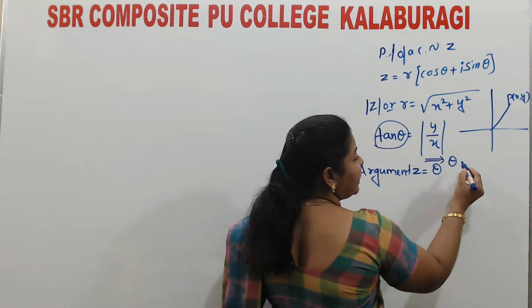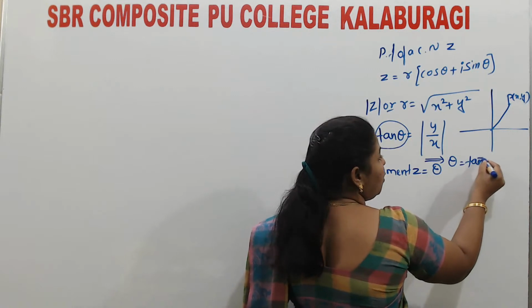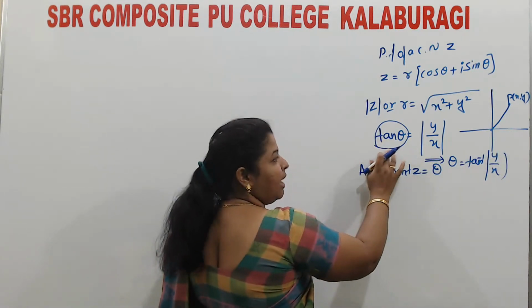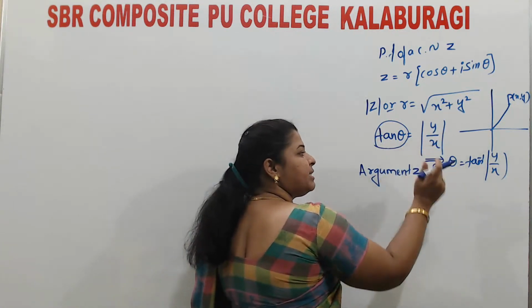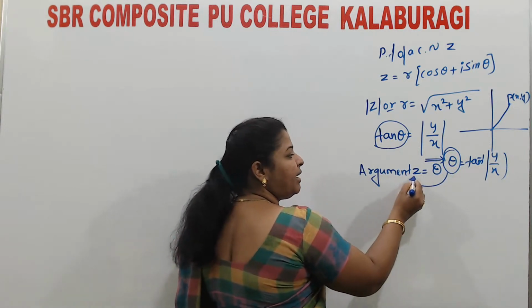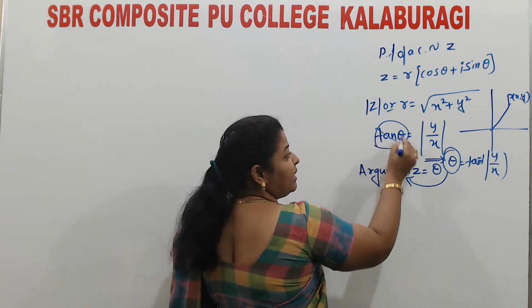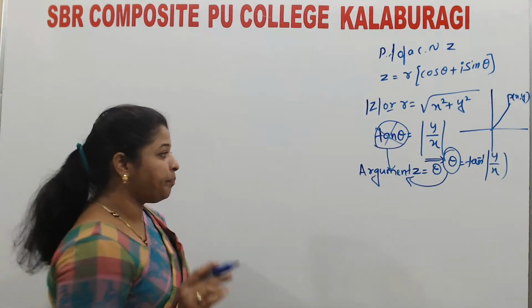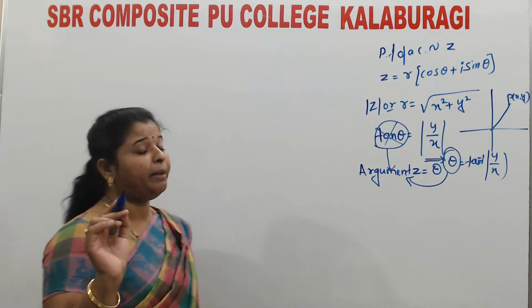If you write theta is equal to tan inverse, it means you need to know the inverse function. That's why I wrote only tan theta equals y by x. Here we have to find the theta value. What is theta? Theta is nothing but the argument of z. Tan theta is not the argument of z. Is it clear?